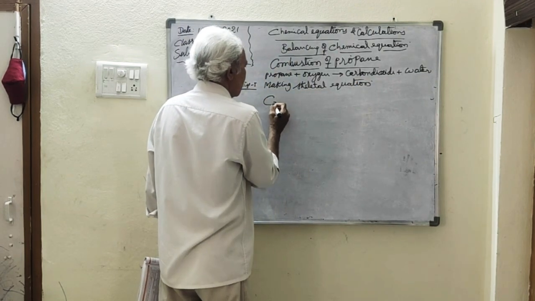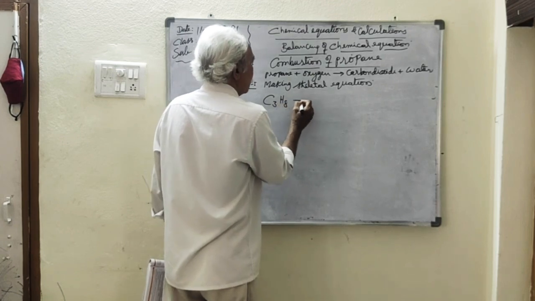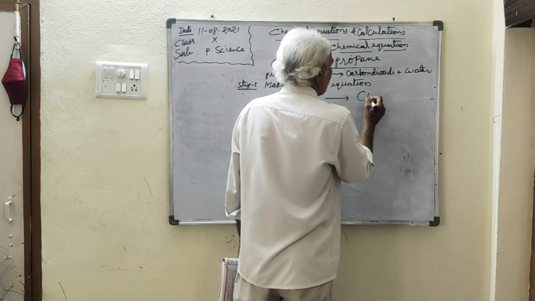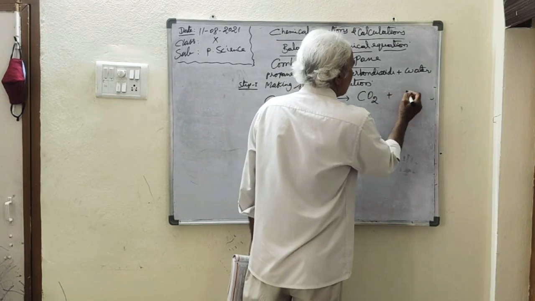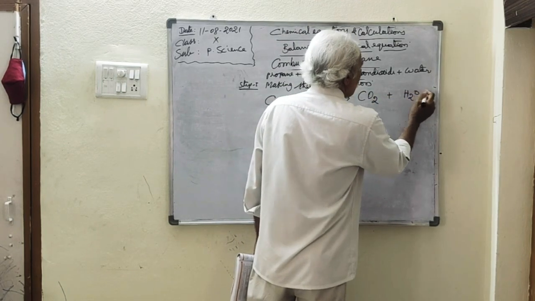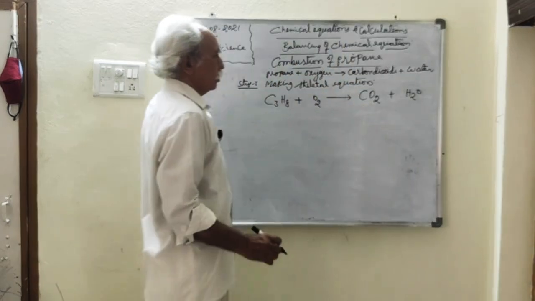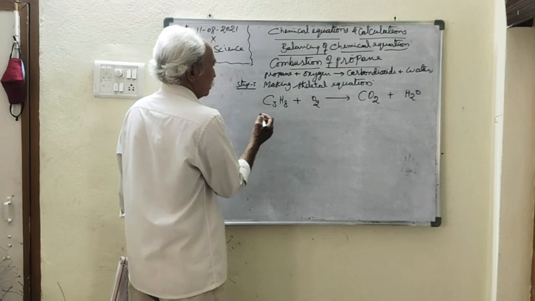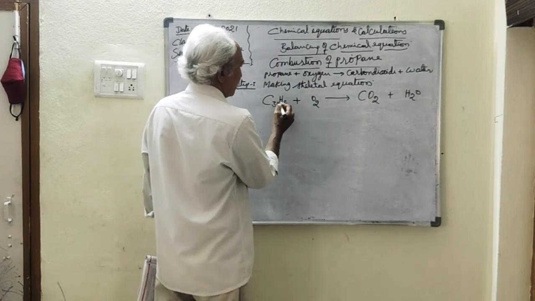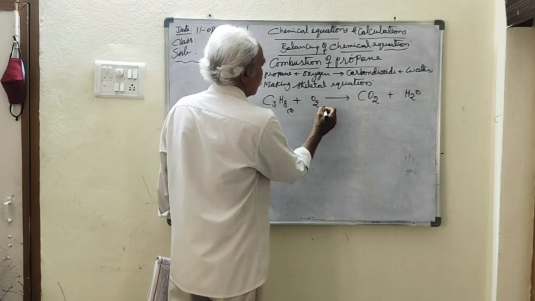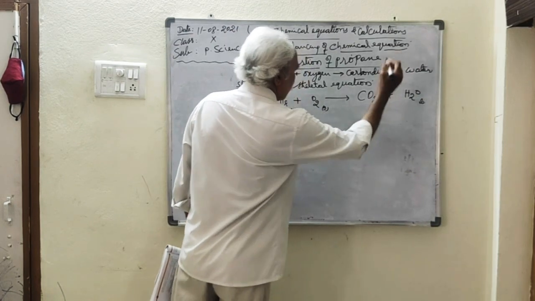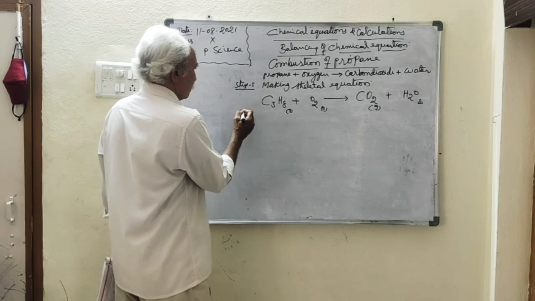Propane C3H8 plus oxygen O2 gives rise to CO2 plus H2O. So this is the skeletal equation. Here propane is a gas, oxygen is a gas, carbon dioxide is a gas, and water may be liquid.